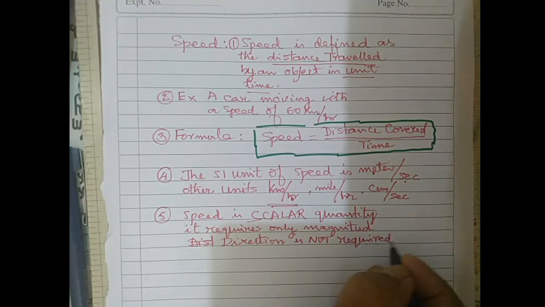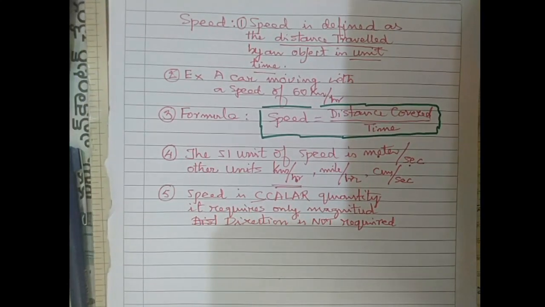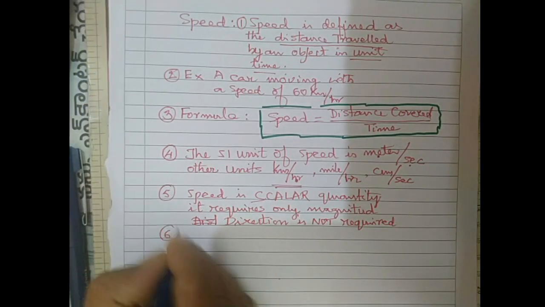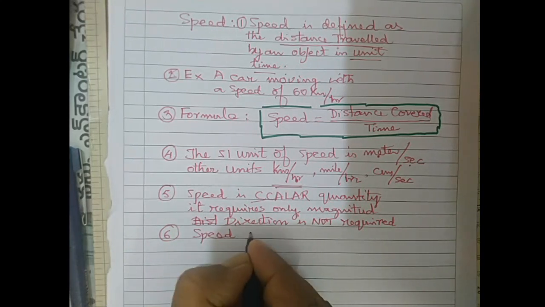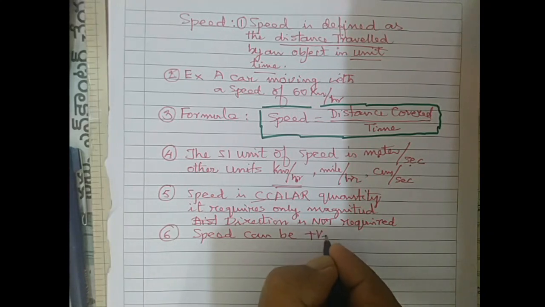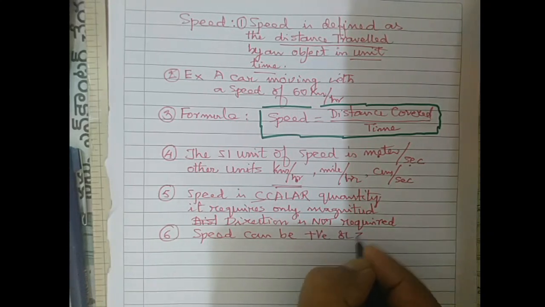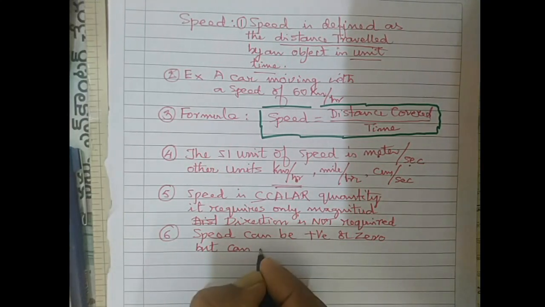This is about the speed which you are seeing. One more important point I'd like to tell you for speed, that is, speed can be positive or zero, but cannot be negative.